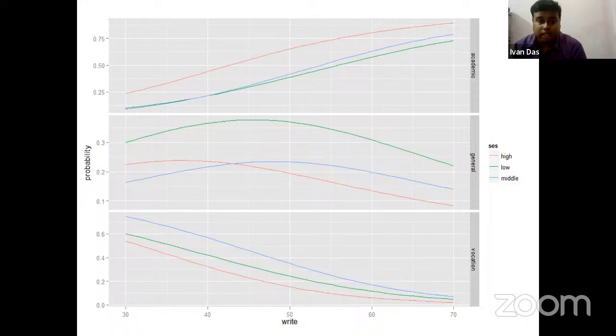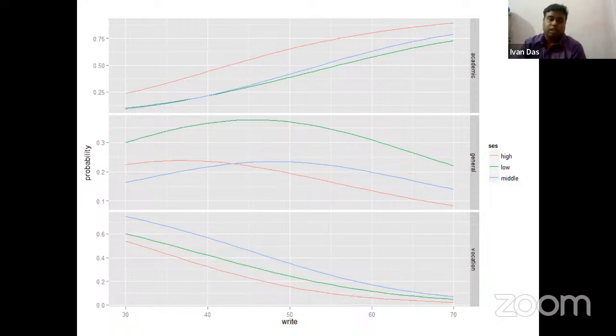And then you can see that in the middle the blue one is there, and on the low end the green is going on. So if I ask you to make a decision on the basis of writing, in the academic classroom, which SES group has the highest probability, you say I am most likely to choose a high SES student from the academic group with respect to writing.